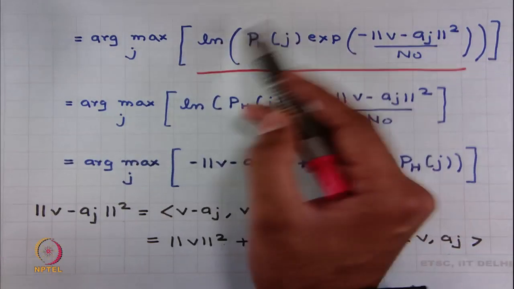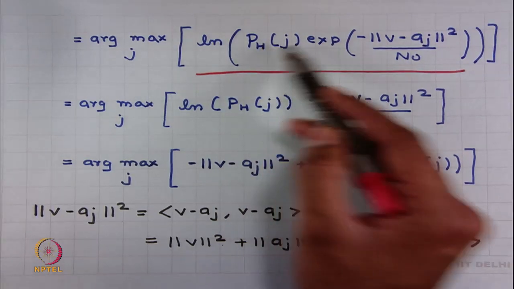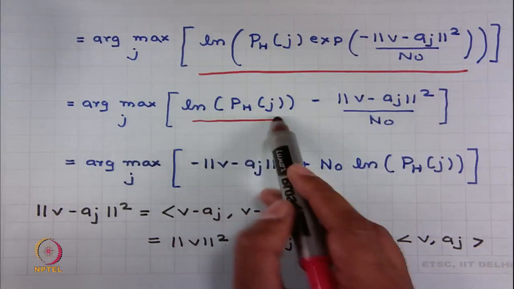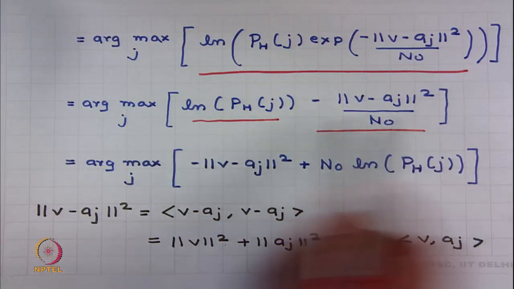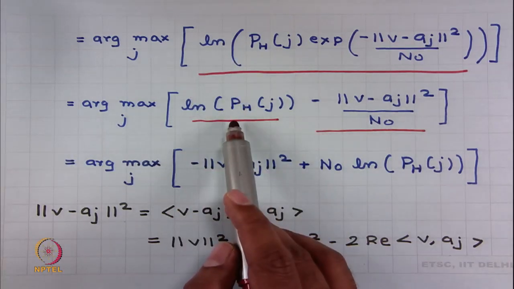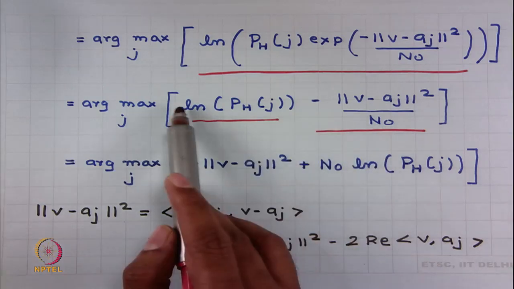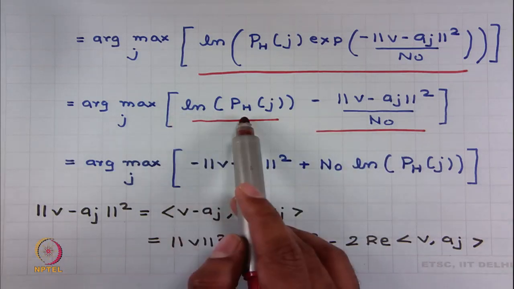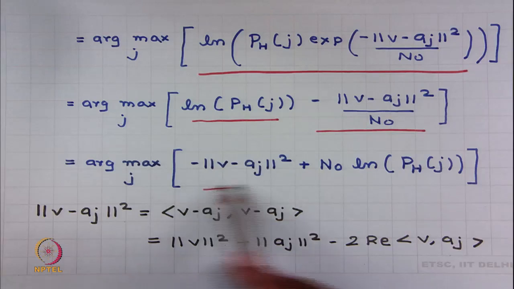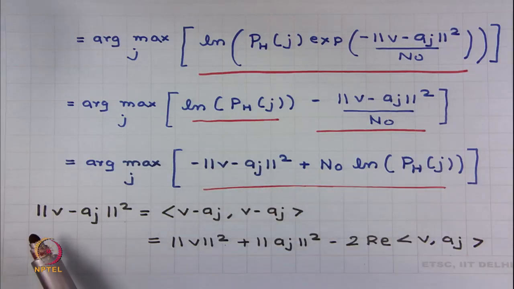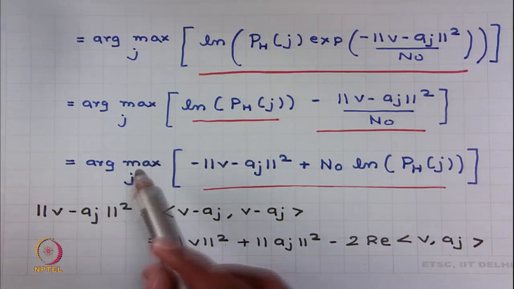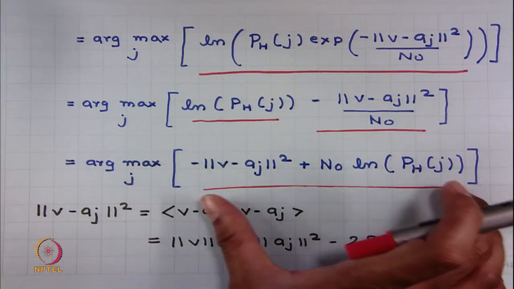So, I know that log of a times b is simply log of a plus log of b. So, from this I get this, and then I shift this N naught to this side. So, from here I can simply get this. So, the MAP detector is trying to find J for which this quantity is maximum.